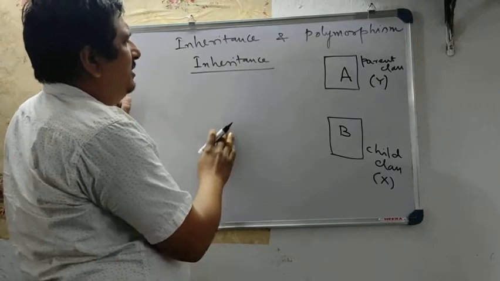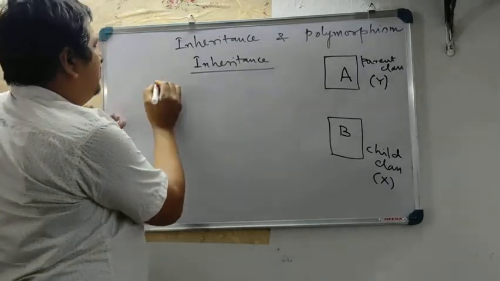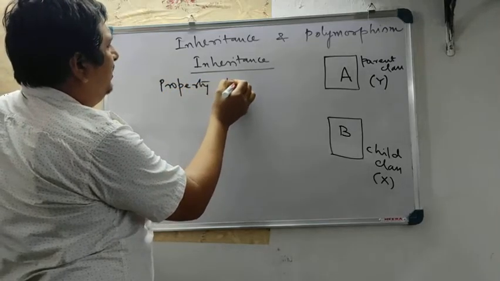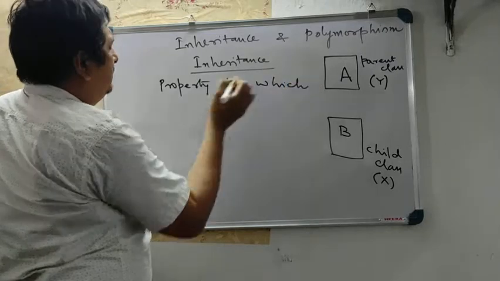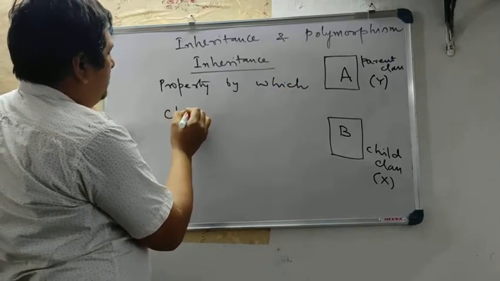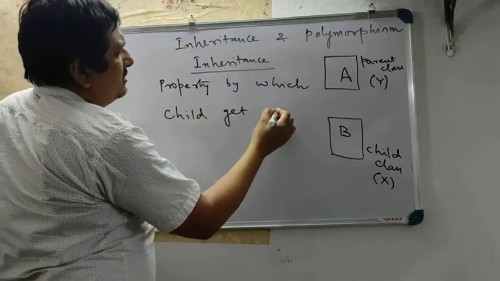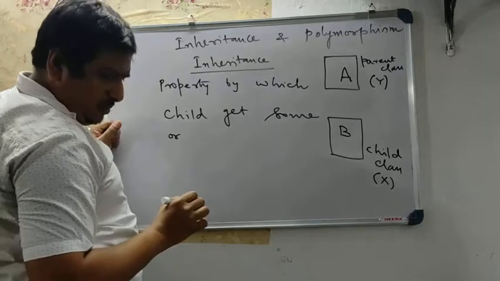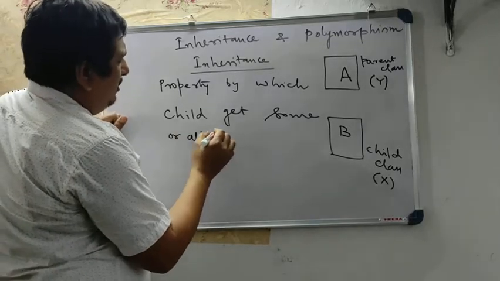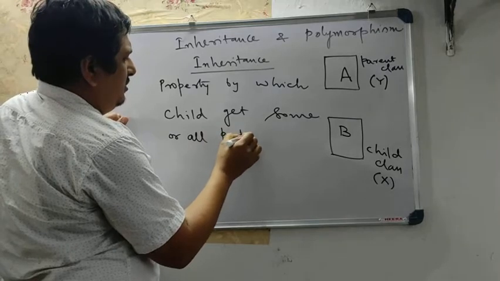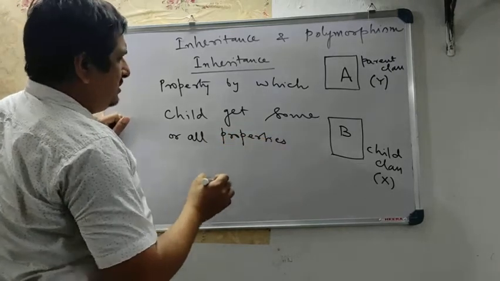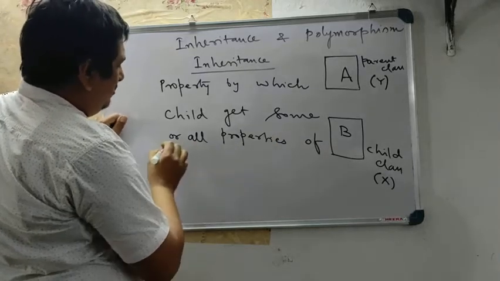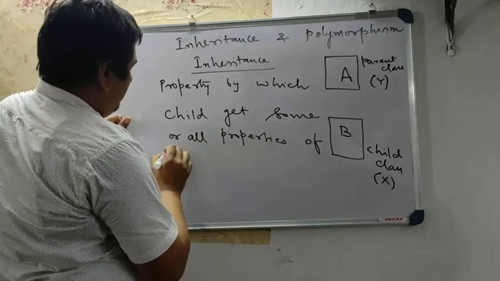First of all, let us write: it is a property by which the child gets some or all properties of the parent.